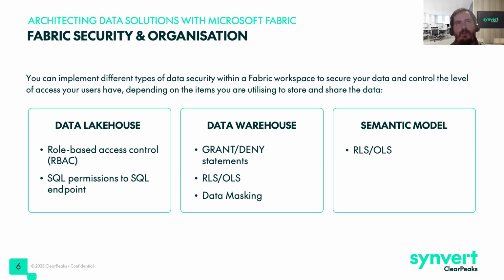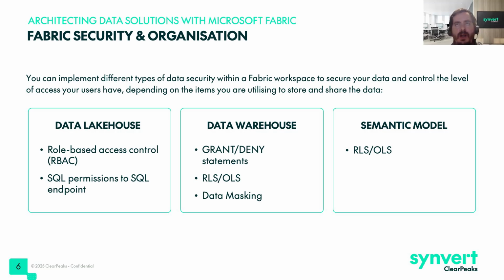So you can decide which parts of the OneLake are accessible, and this goes through also the workspace accesses and shortcuts. Then we have SQL permissions through the SQL endpoint, where you can create grant and delete statements on SQL, and you can add this layer of security access to your lakehouses.